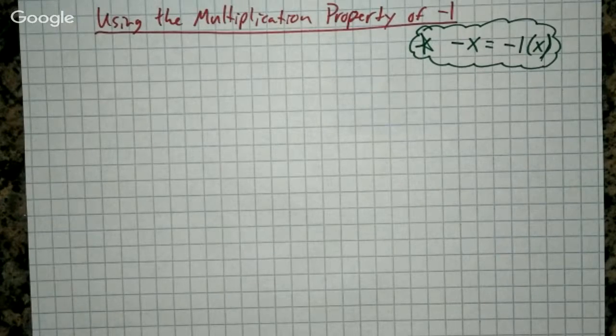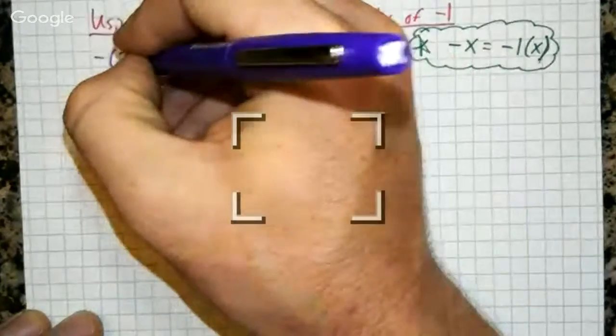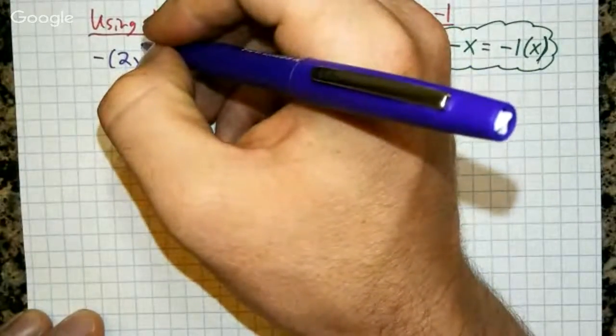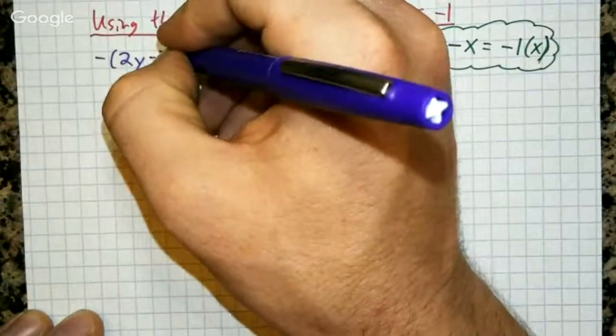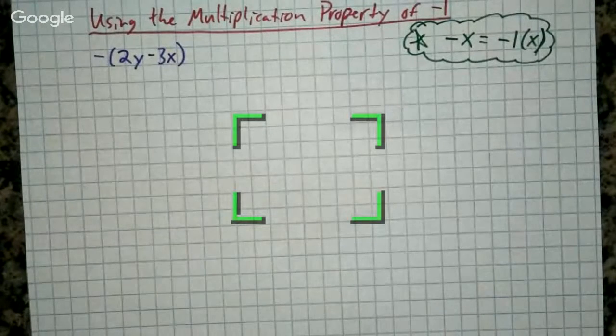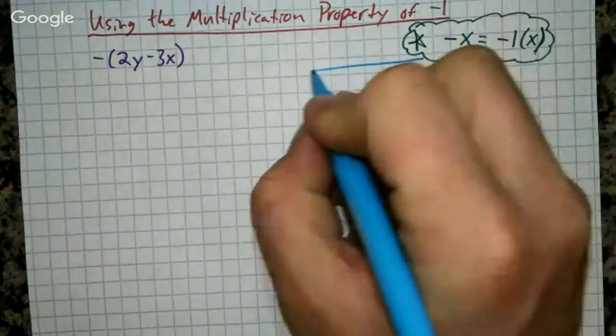So if we see that we have a problem like negative the quantity 2y minus 3x, and we see that negative out in front, there's definitely something we can do with that. And all we need to worry about is this.